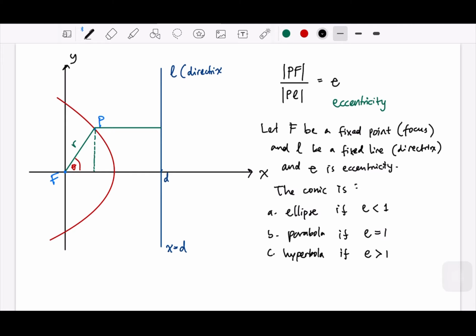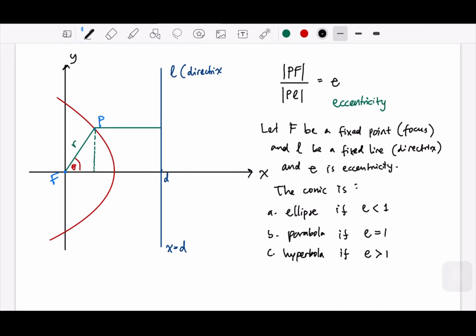So e, or eccentricity, is the ratio between the distance from the focus to P and from P to the directrix. So we define a new term, that is eccentricity.